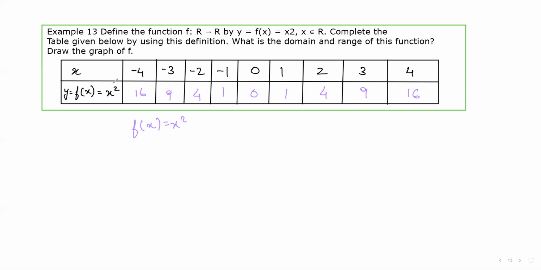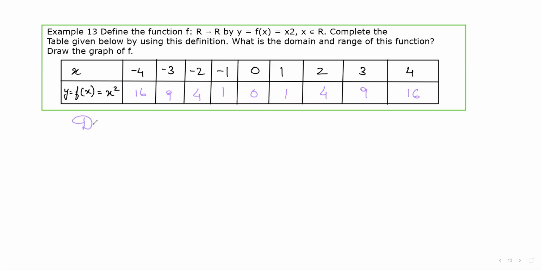Now, domain would be, your relation f is from R to R. That means the first R represents the value of x, and this second R represents the value of y. Your x can hold any value, which is a real value.